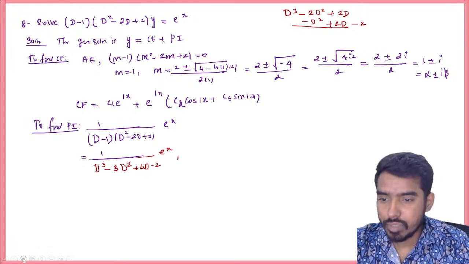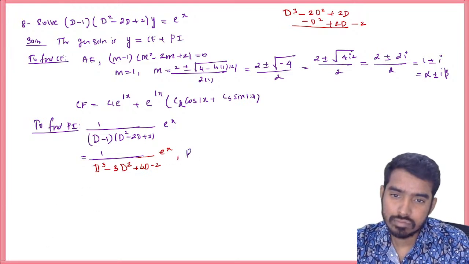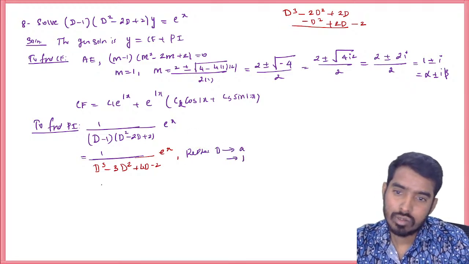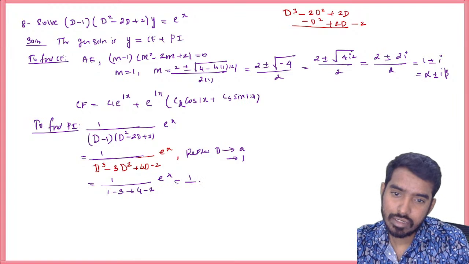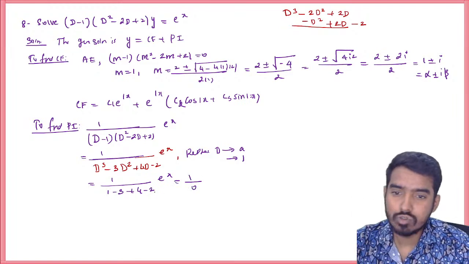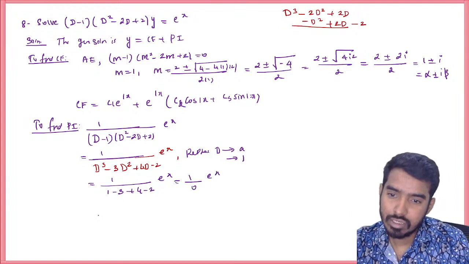Now replace D to be equal to a, e power ax, right? a is 1 here. So this will be 1 divided by 1 minus 3 plus 4 minus 2, e power x. It is 0, right? 1 minus 3 is minus 2, plus 4 is 2, minus 2 is 0, e power x. So multiply by x and differentiate the denominator.